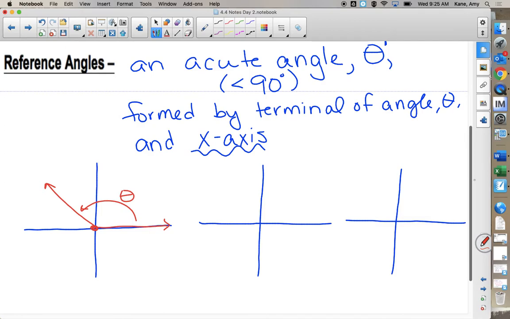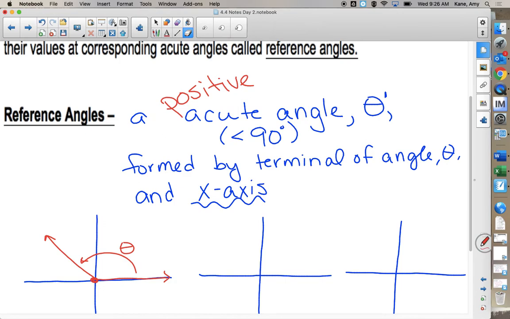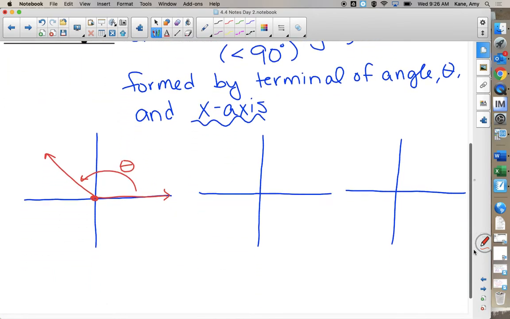So a reference angle, and I'm going to put positive here. We'll say a positive angle. Positive is important too. Is formed by the terminal side of the angle and the x-axis. So the reference angle is the little angle sitting right here, connecting the x-axis and the terminal side.